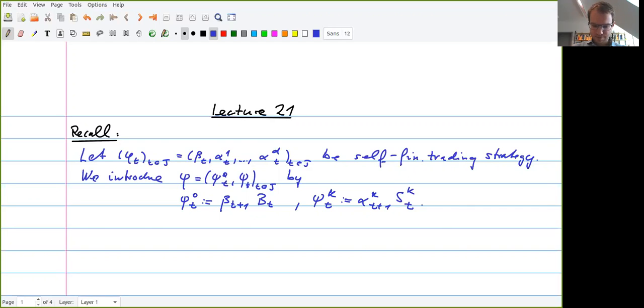So as before, K is one of the risky assets, and we have T trading periods, so we start at 0, so we have to stop at T-1. All right, and then this is my warning.